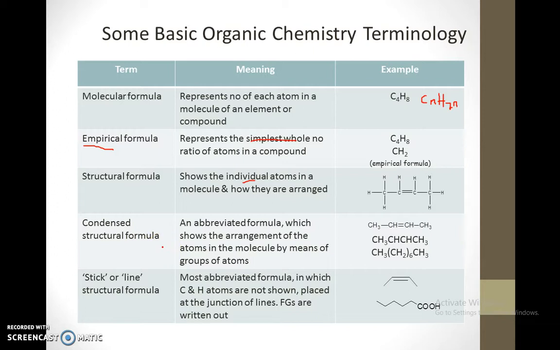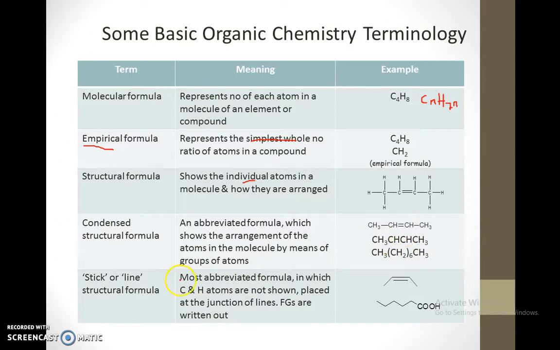Condensed structural formula is an abbreviated formula which shows the arrangement of the atoms in a molecule by means of groups of atoms. For example here, CH3, CH, or CH3, or else you can write it like this, CH3, CH3. So you condense the atoms.